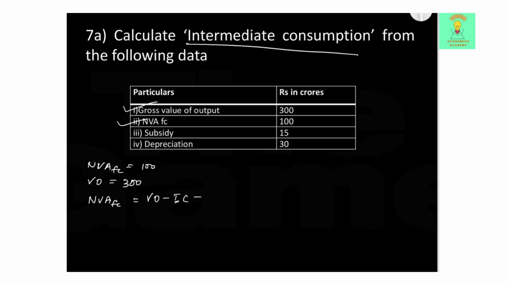Minus gross to net is depreciation, and from MP to FC is minus net indirect taxes.